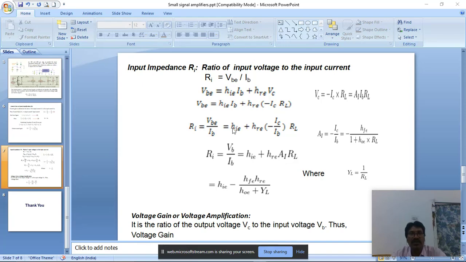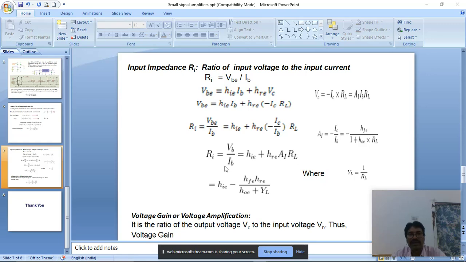So what does Ri equal? VBE by IB. The above equation is divided by IB. Then we get HIE plus HRE IC by IB into RL. We know that IC by IB is nothing but AI. That is substituted here.